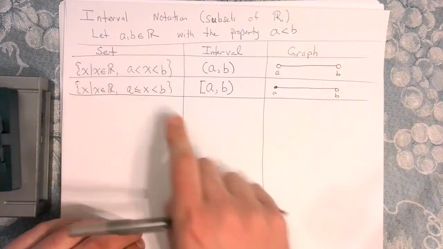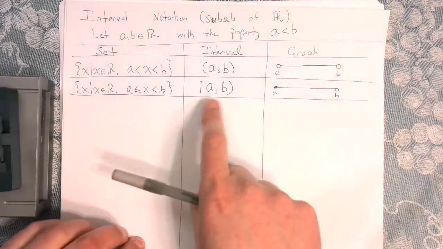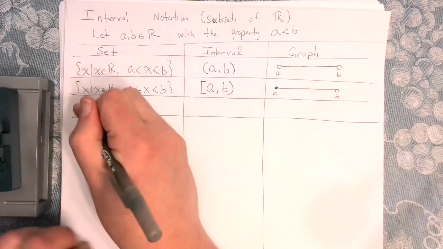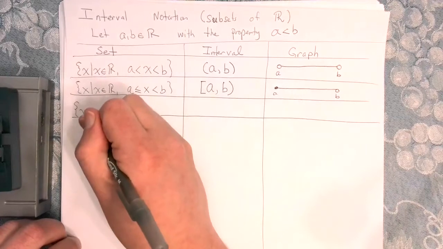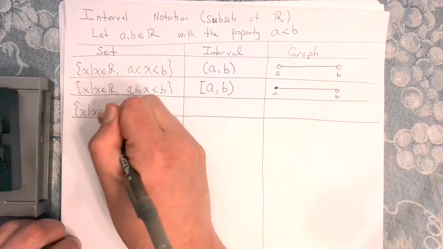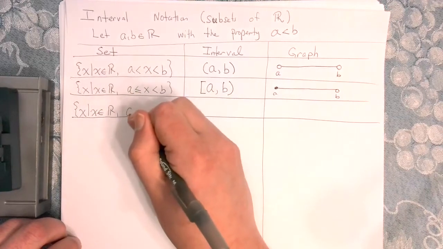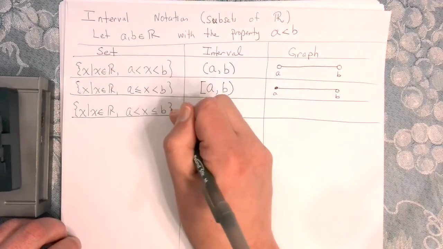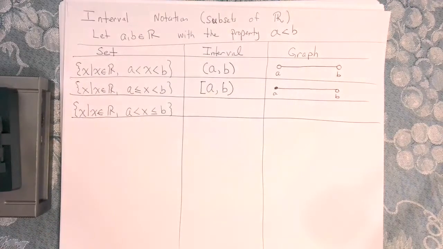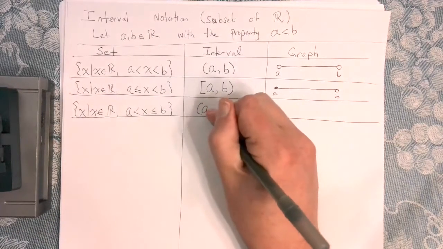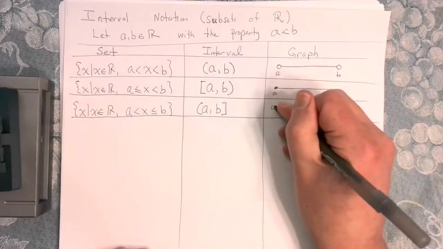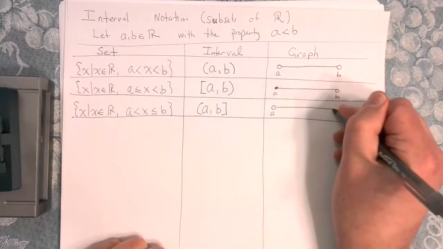Well, we can play a similar game by swapping the roles where we exclude a but include b. So that would be the set of all x's such that x is real and x is strictly larger than a but less than or equal to b. Okay, so we want to exclude a but include b. So that means we want an open circle at a and a closed circle at b.